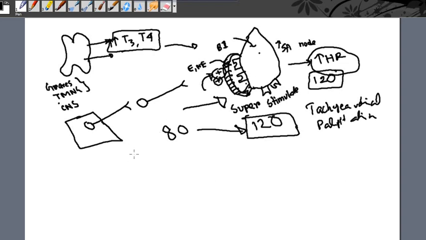So in thyrotoxicosis, why do we use beta blocker? We use beta blocker because there is increased expression of beta 1 receptor, and to block the effect of this beta 1 receptor stimulation, we give the patient a beta blocker, right? This is one mechanism. I will discuss another mechanism of why beta blocker is given in thyrotoxicosis.